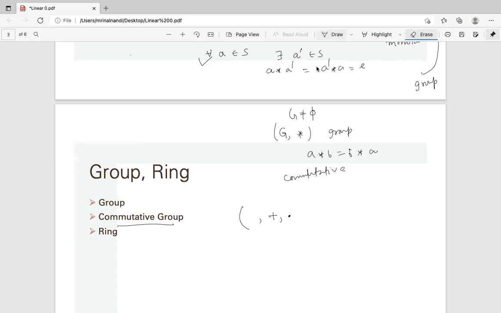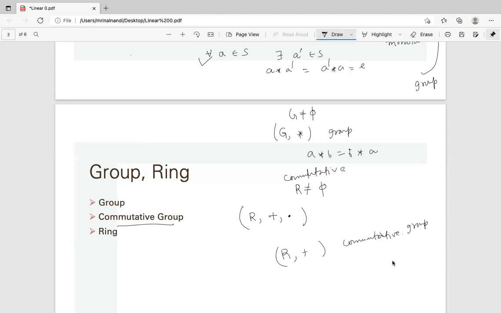Say R is a non-empty set with 2 operations, such that it is a commutative group with the first operation. Like say the integers: with the first operation everything is associative, commutative, inverses exist, and the identity is 0.